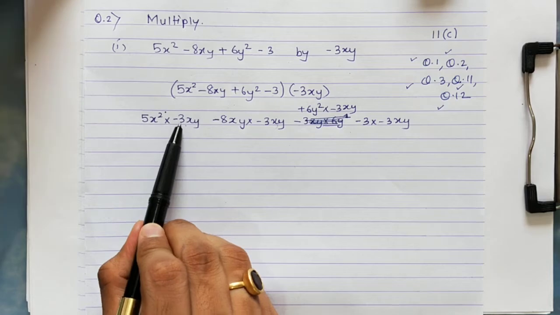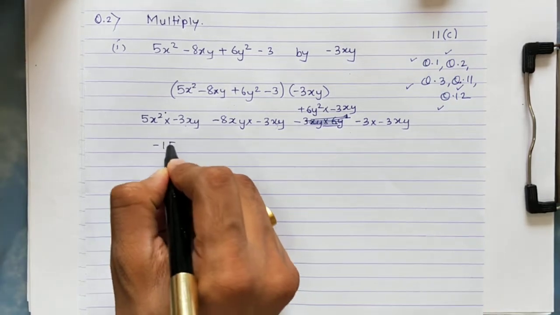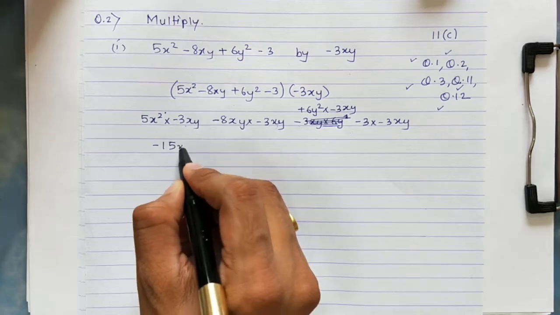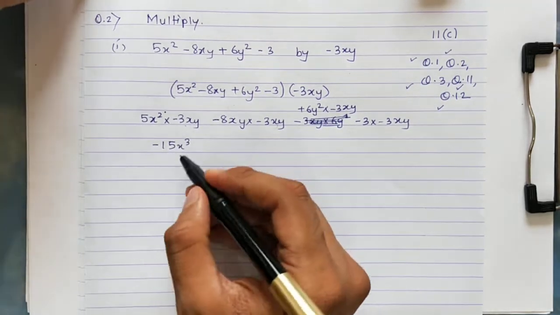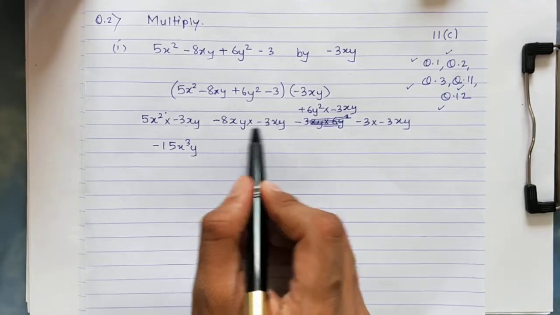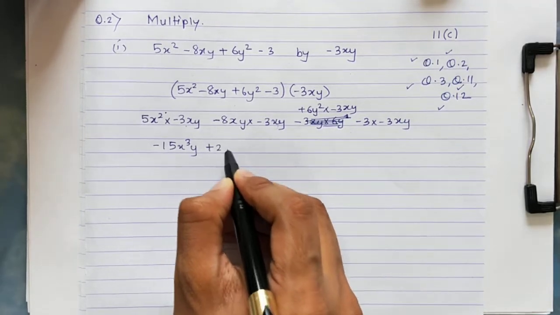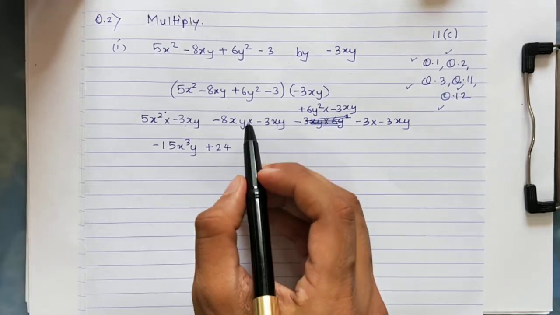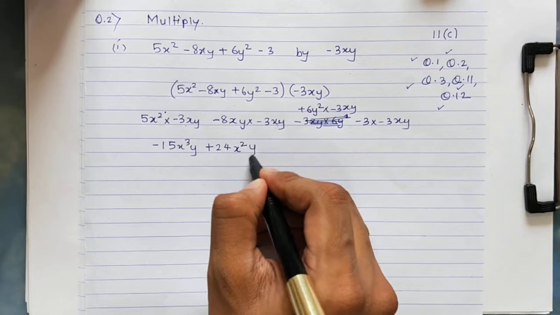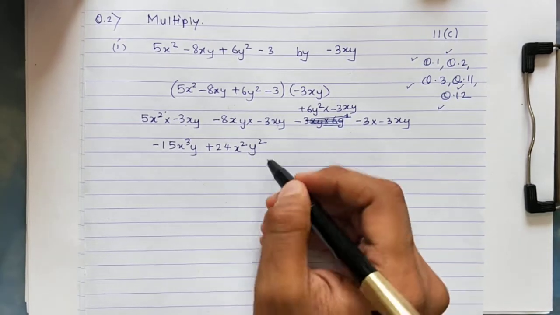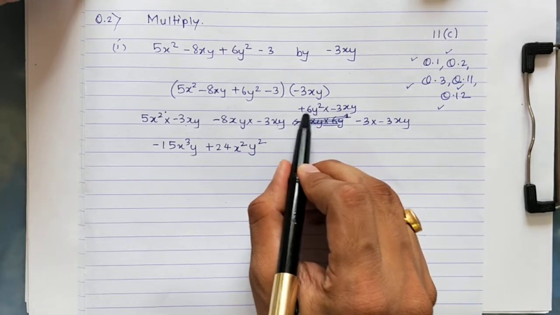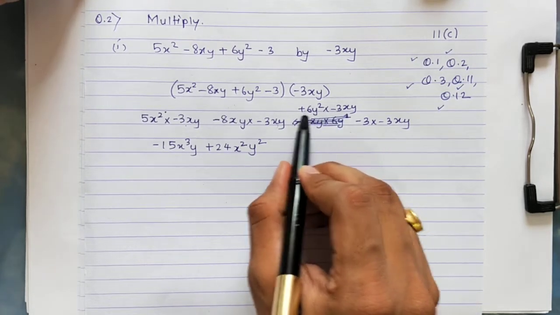So 5 into minus 3 is minus 15. x square into x is x cube, and there is y also. Then here minus 8 into minus 3 is plus 24, x into x square, y into y square. Then plus 6 into minus 3. See, we are multiplying.